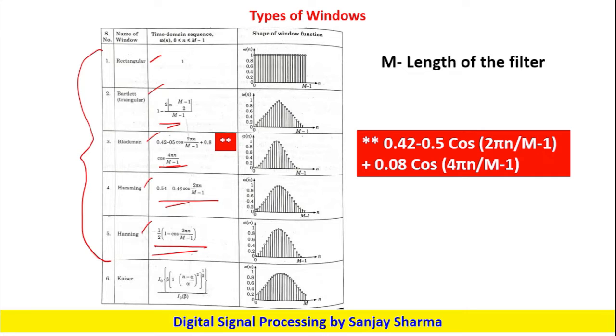The previous window functions we have discussed are not taking that into account. Hence, there is a need to look into a type of window where we can set the window parameters as per the filter characteristics itself.